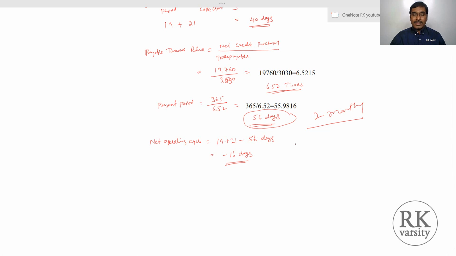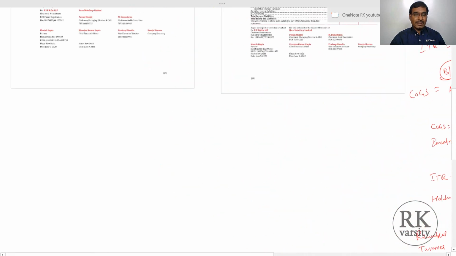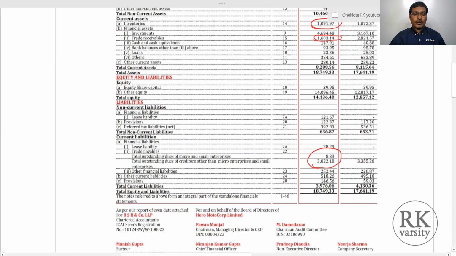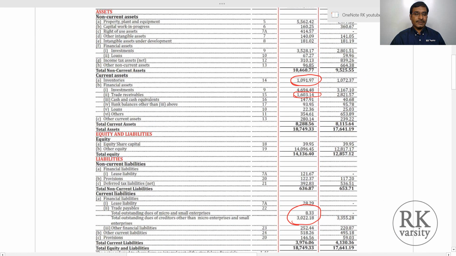Now negative is not always bad for companies, especially when a company is cash rich. If you look at the annual report of this company, Hero MotoCorp, you can clearly see that the company is sitting on abundant cash. The cash and bank balance is 350 crores, then your cash is 93 crore, and your investments in financial assets are nearly 4,000 crore.